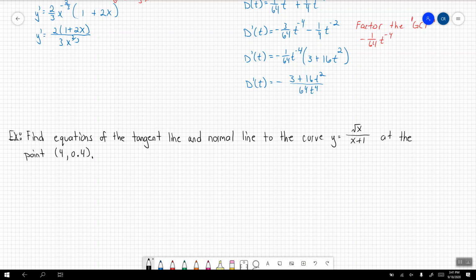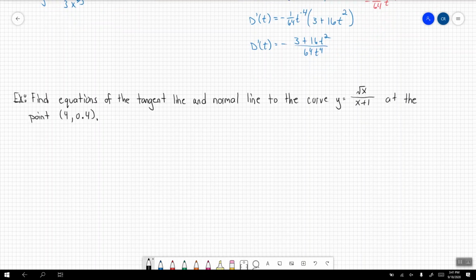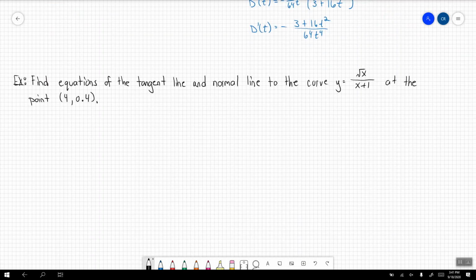Okay, so tangent line. When we're looking at a tangent line, again, we're looking to take some derivative. Let me give you a really quick depiction here. Say I had a function, and this function looked like this. Say this was f of x.